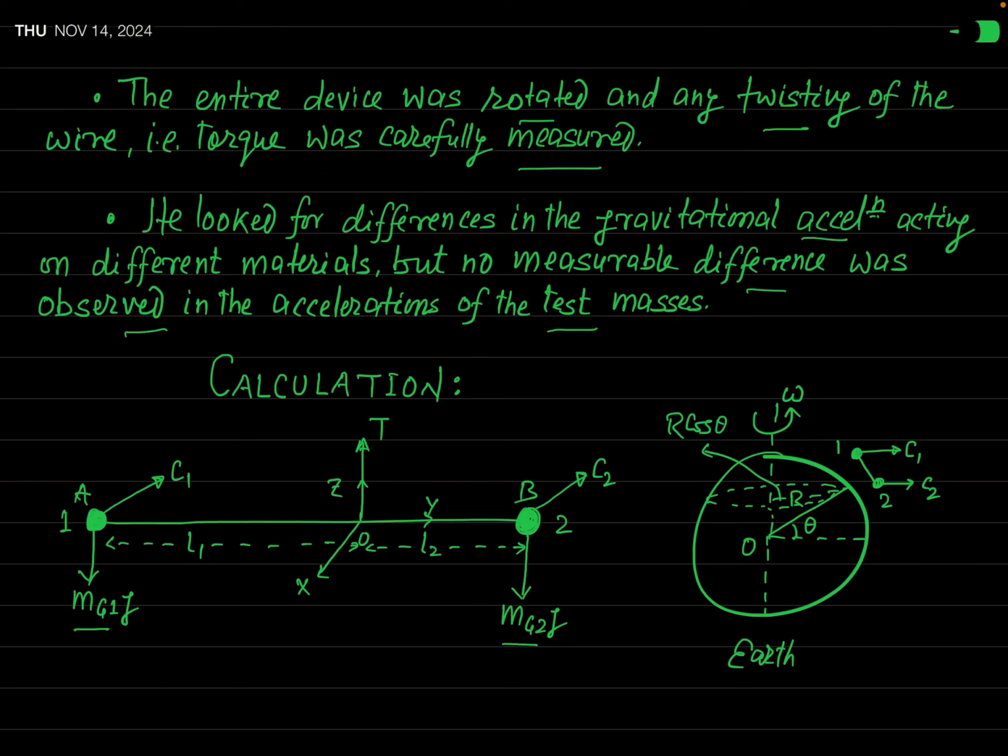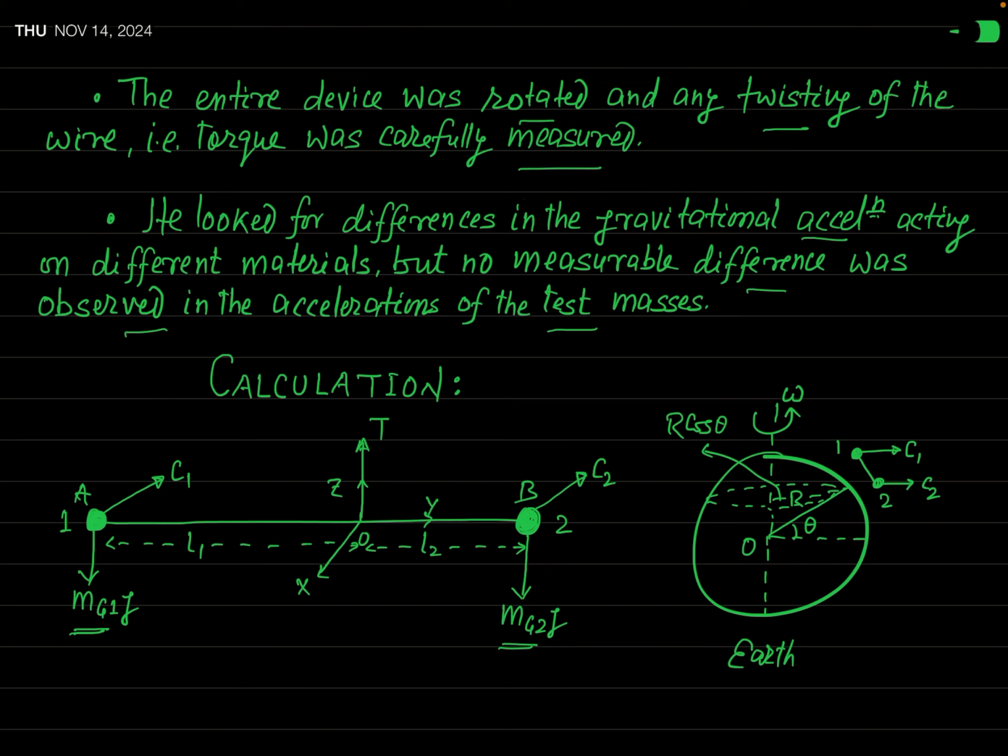Here we are talking about the gravitational mass of the objects, because we will define the gravitational force acting on these two masses, and for that you have to consider the gravitational masses of the two objects. So the gravitational mass of the first object I have considered mg1, and that of the second object mg2.